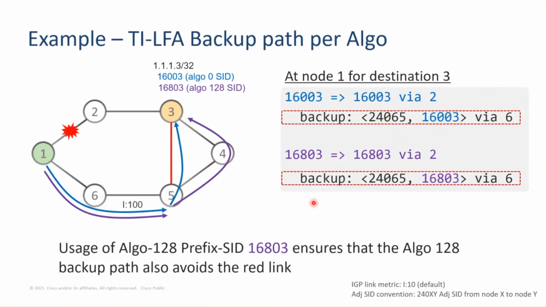On the other hand, the backup path for FlexAlgo 128 is also going to go out via interface 6, jump onto node 5, but then it is going to follow the shortest path using the Algo 128 label of node 3, which means that it is going to go via 4 and onto 3, avoiding traversing the red link. So as you can see, the backup path for the destination 3 on FlexAlgo 128, as is the case for the primary, also avoids the red link.